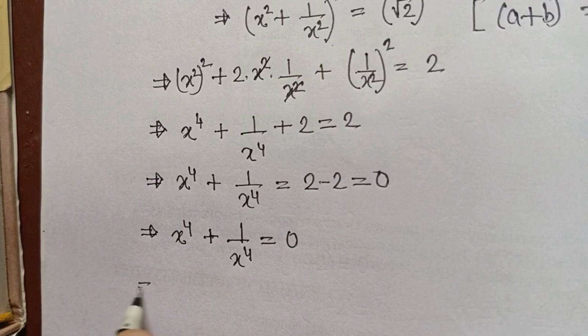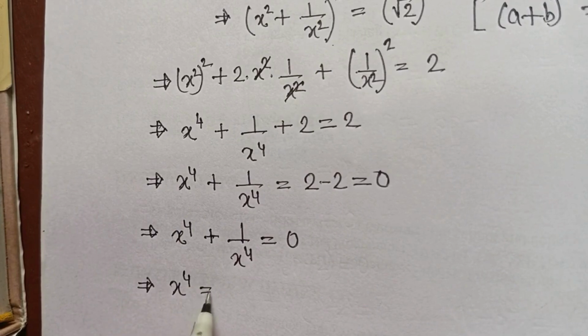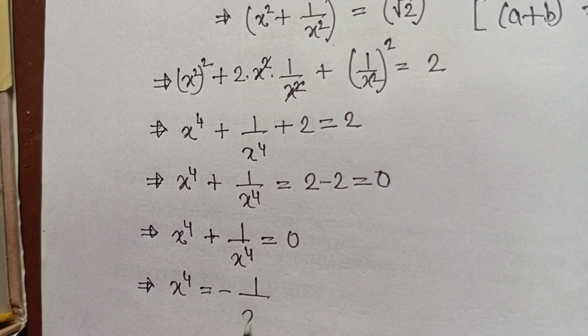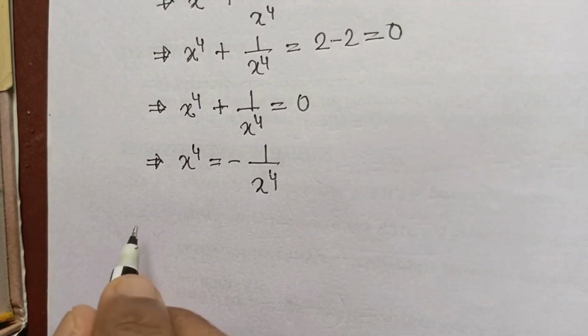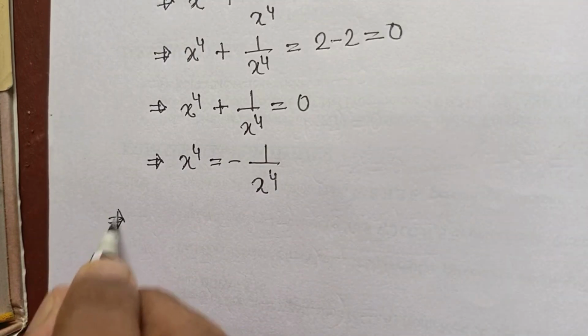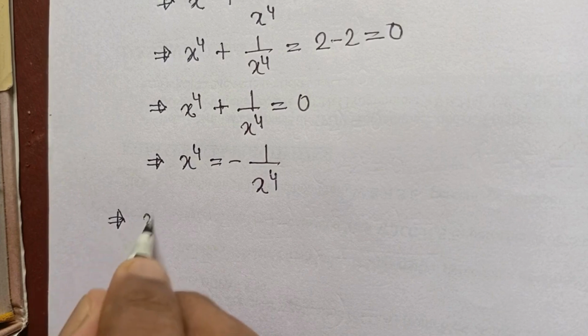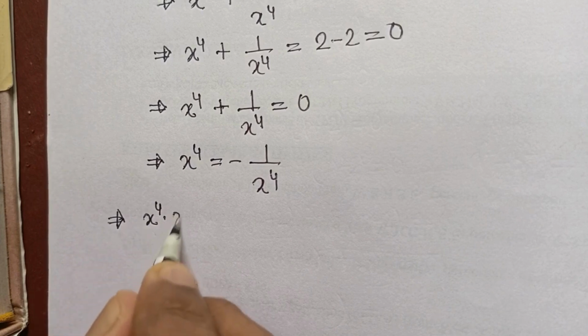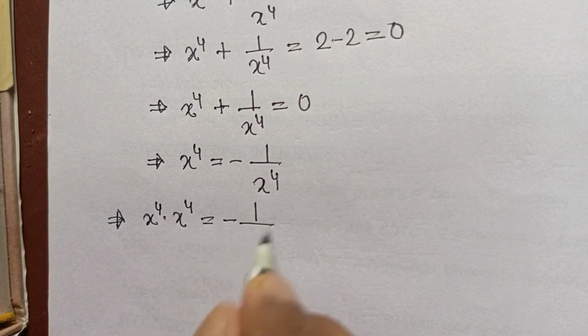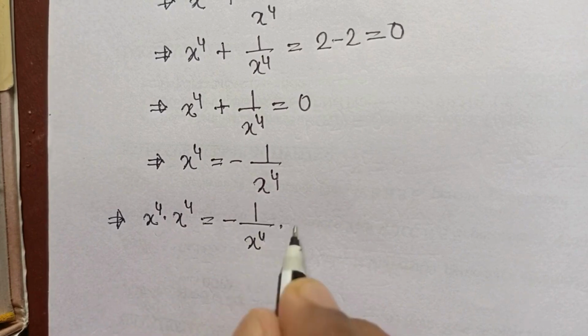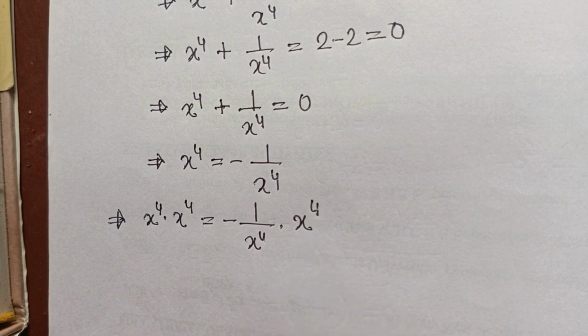Now if we move that 1 by x to the power 4 to the right hand side, then we multiply both sides by x to the power 4, like x to the power 4 into x to the power 4 equals minus 1 by x to the power 4 into x to the power 4.